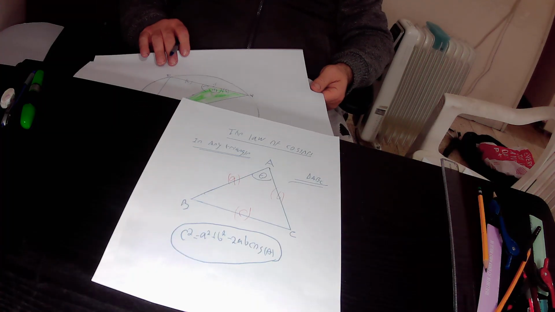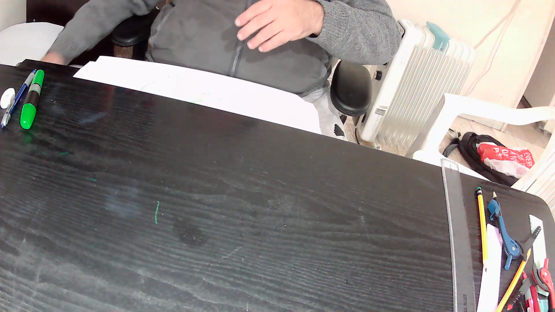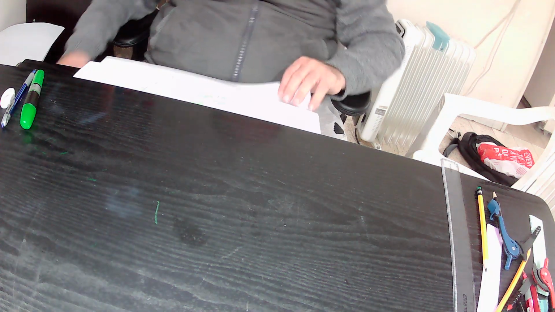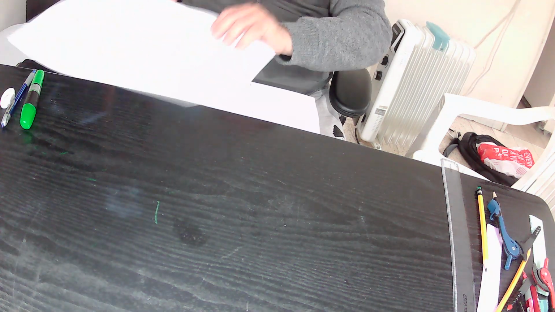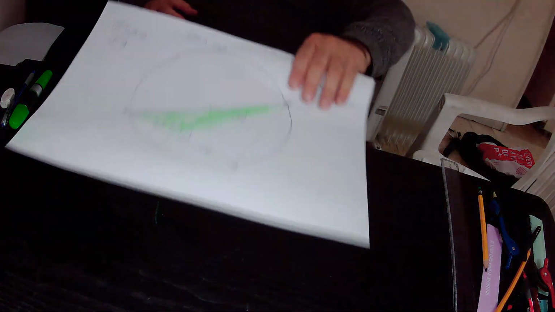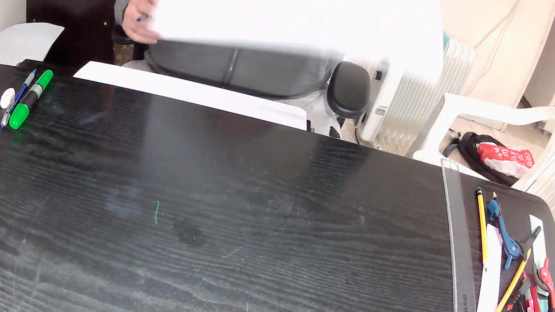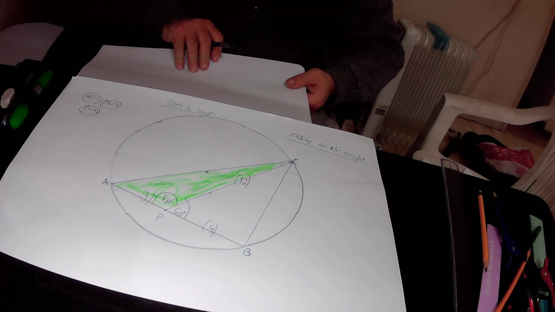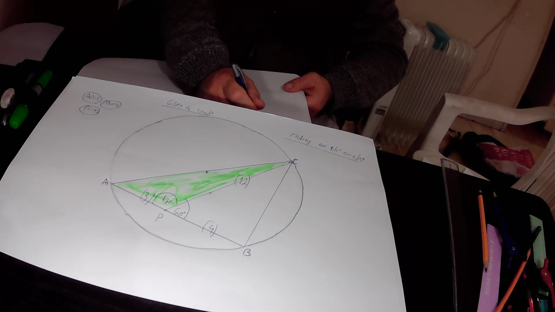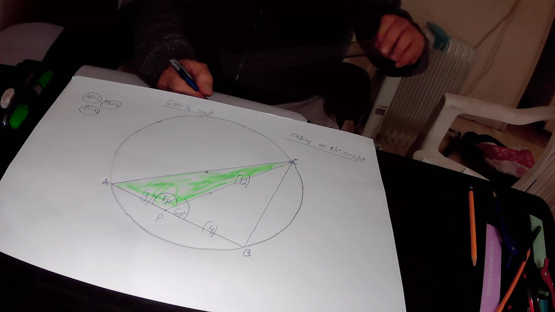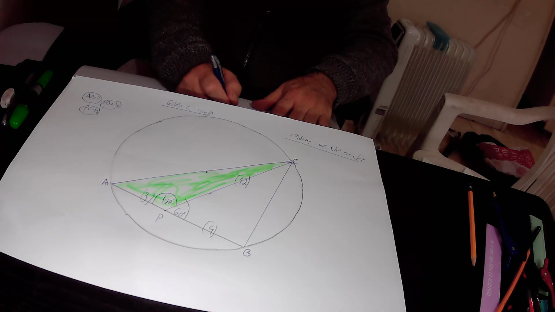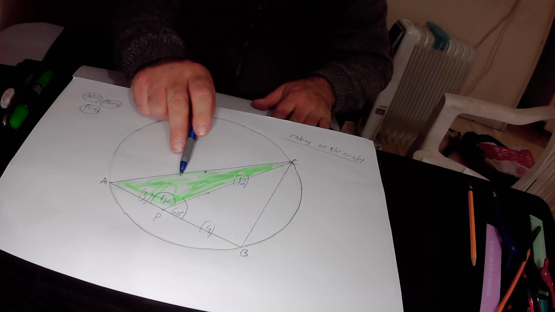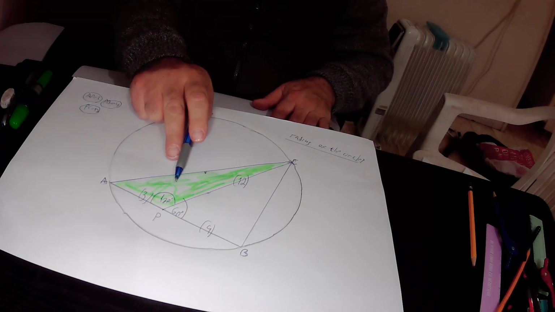So you can actually implement the law of cosines in our drawing. We implement the law of cosines on this grand triangle, triangle CAP. According to the law of cosines, on the grand triangle CAP, the following equation is true. We choose angle theta as this angle APC, which equals 120 degrees.